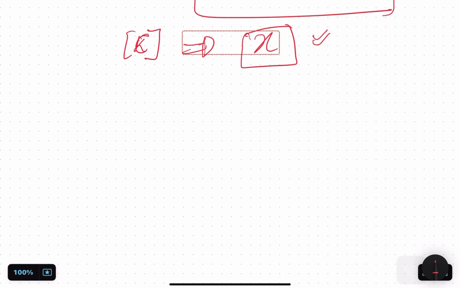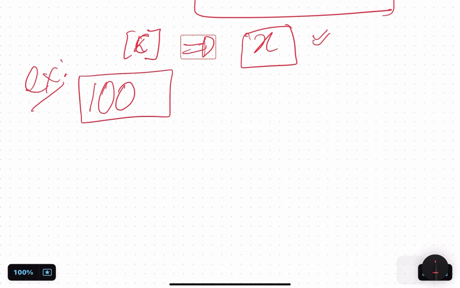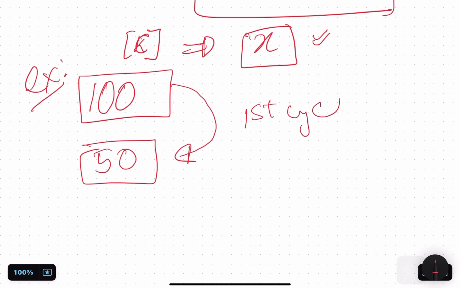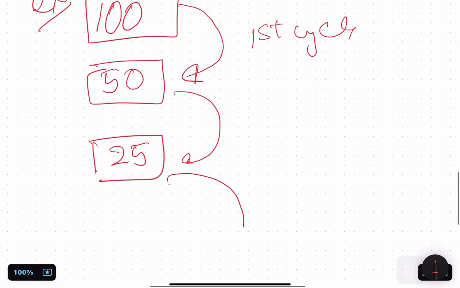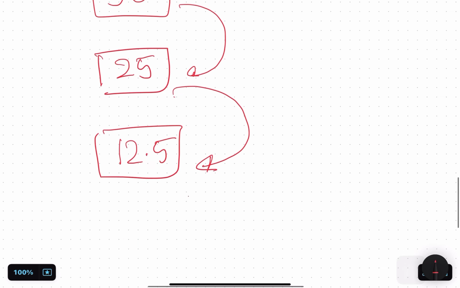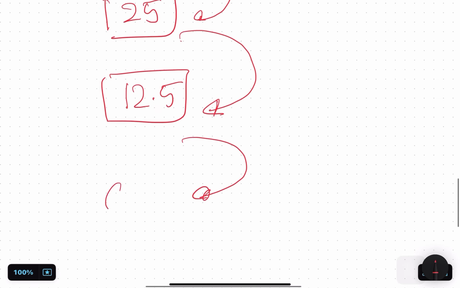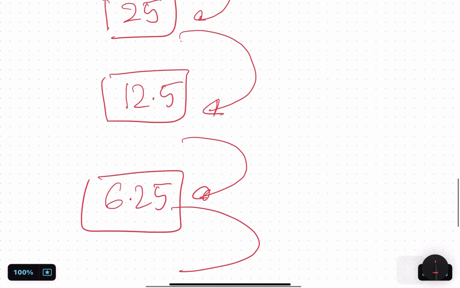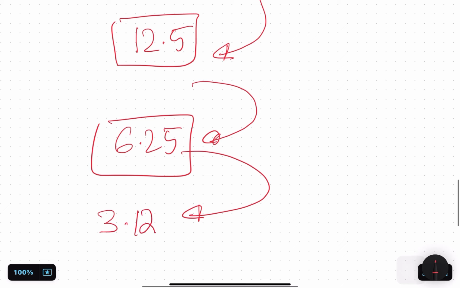Imagine there are 100 cancer cells. This is an example. In reality they have a lot of cancer cells, but imagine there are 100 cancer cells and you are giving a drug X. Now when you give your first cycle, 50% of the cells die, and in your next cycle it's 25, and in the next cycle it is 12.5, and in the next cycle it is 6.25, and in the next cycle it is 3.125.